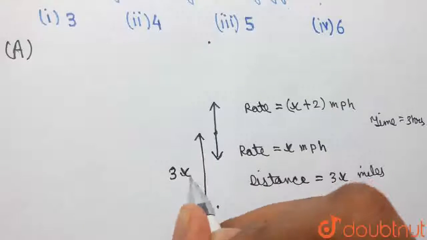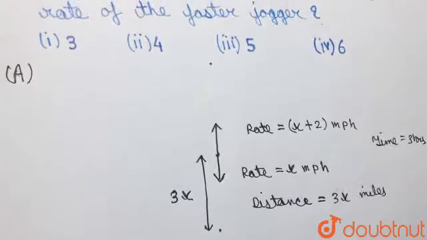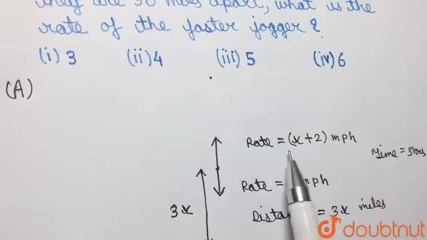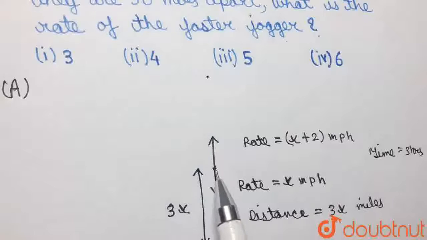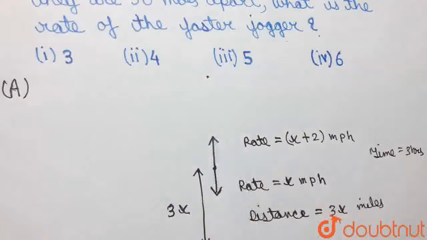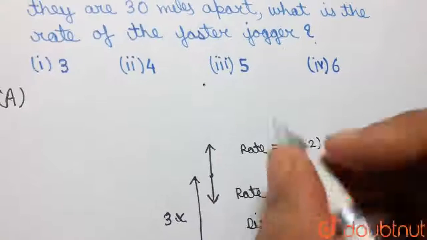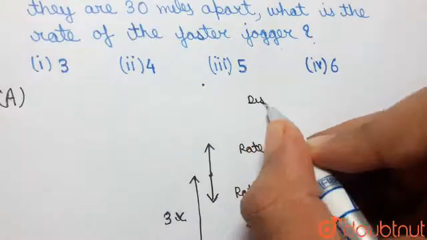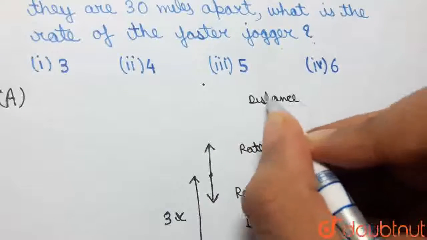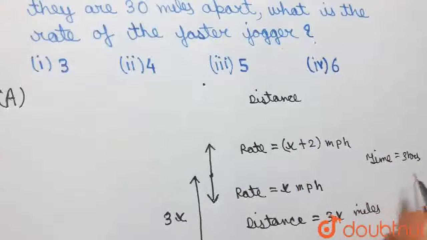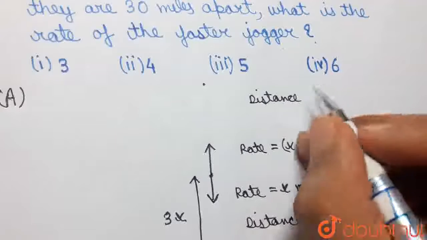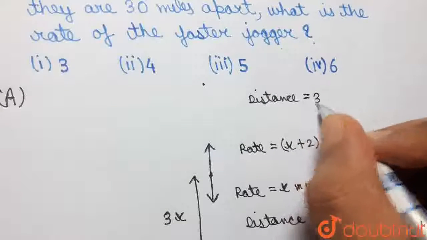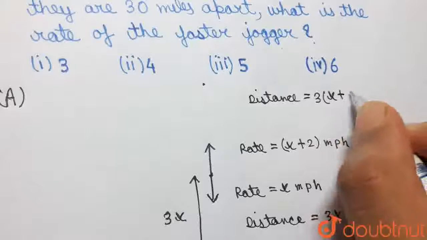Now for the jogger who ran in the forward direction, his rate was x plus 2 miles per hour and he ran for 3 hours, so the distance he covered is again the product of the rate and the time, which is 3 into x plus 2 miles.